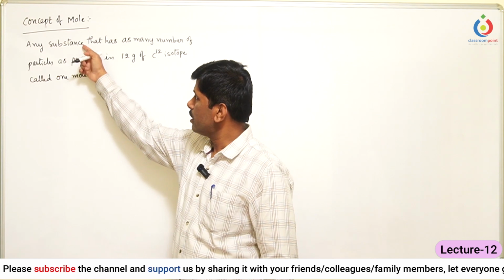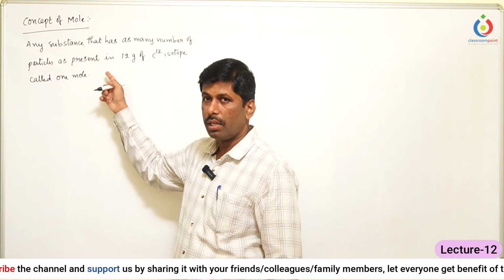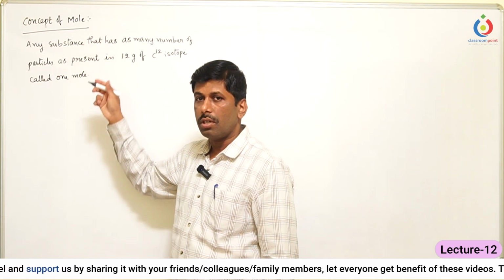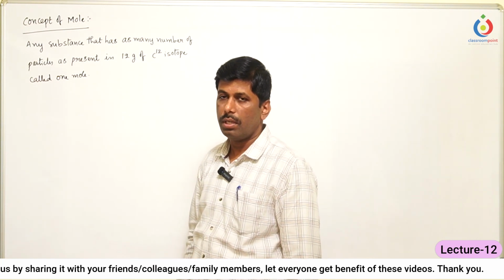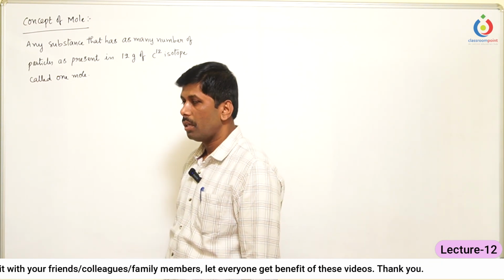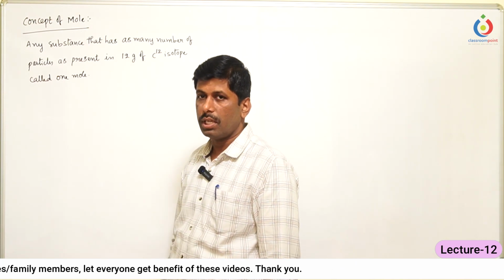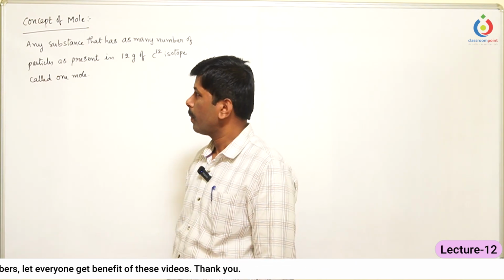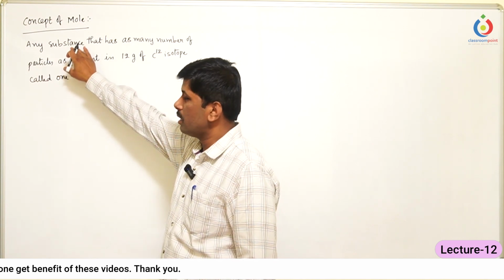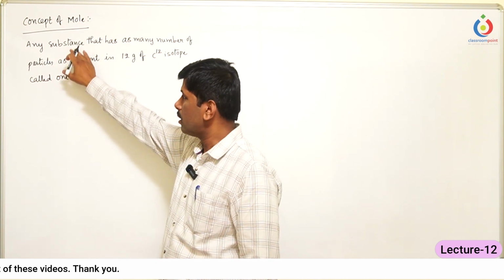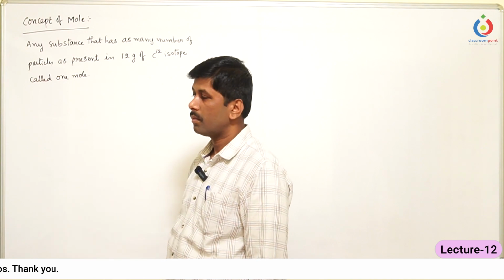And if any substance is having the same number of particles, that substance is also having 1 mole of the particles in it. Imagine if 12 grams of carbon-12 isotope is having only 2 particles, then if this substance is having 2 particles, it is called 1 mole.